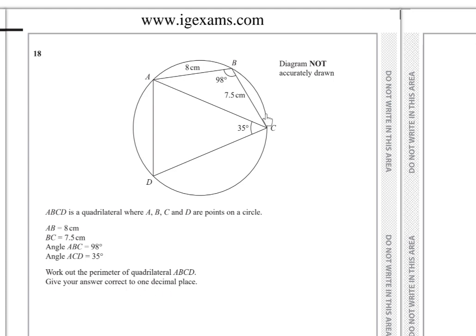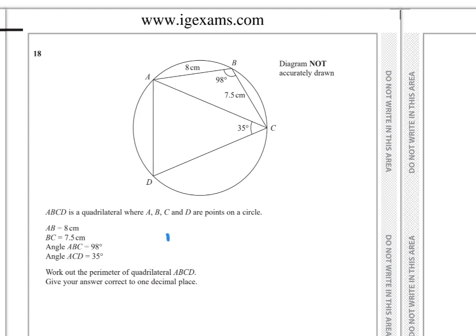We have 2 sides in the quadrilateral, so we need to find the other 2 sides. We need to find AD and DC. In the triangle ABC, we have 1 angle, so we need more information to find AD and DC. We can find AC from triangle ABC. We have 2 sides and the included angle, so using the cosine rule, we can find AC.